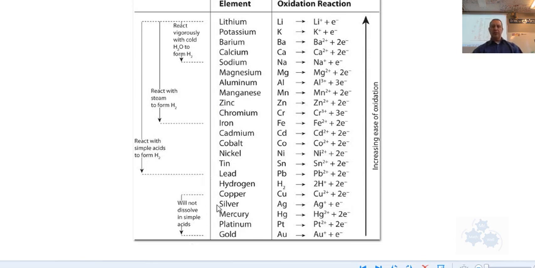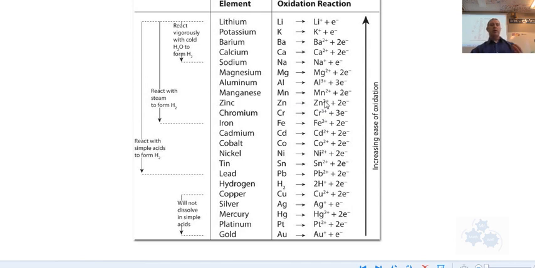So in this case, we have zinc, which is right here, and it is higher on the chart than copper. Okay? And so what's going to happen is zinc will displace copper. It's more active. It's more readily wanting to change into an ion. That's what that means. Okay?